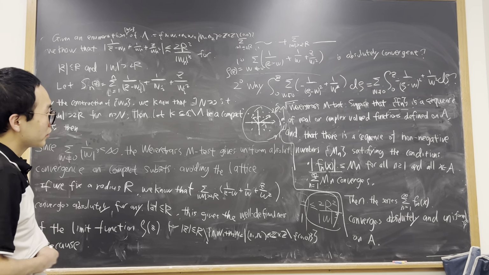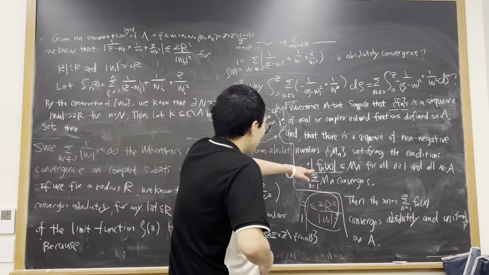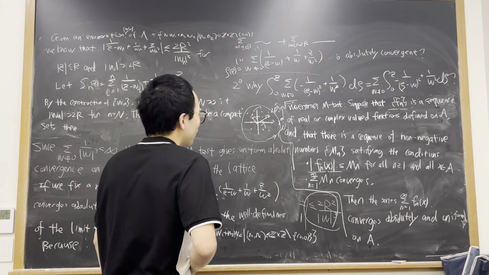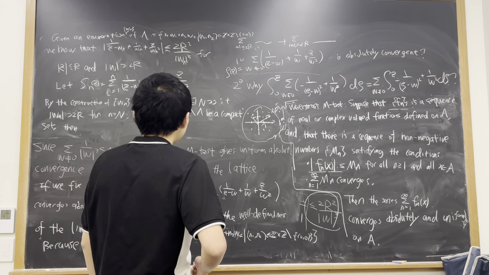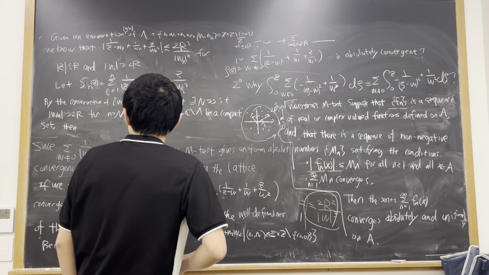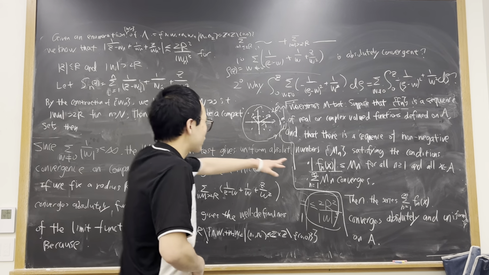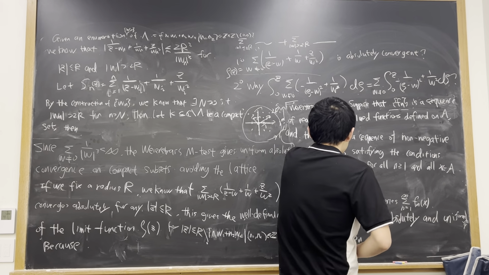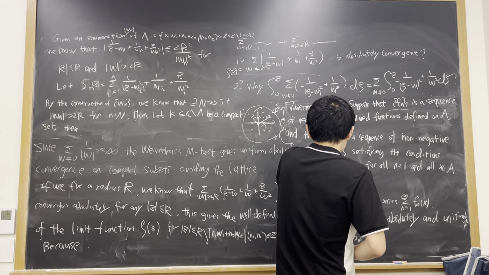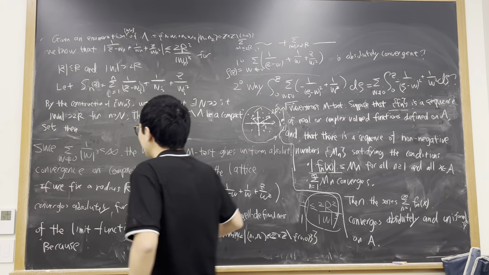So what we're going to do is construct this element, right? First maybe we can construct the upper bound for this n being small.